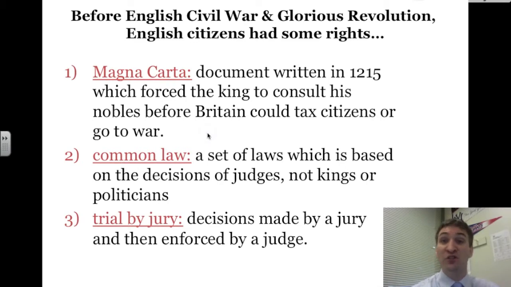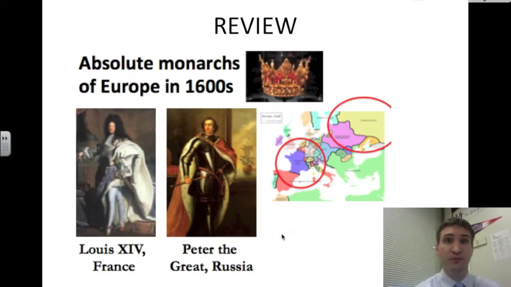There were a set of laws which were based on the decisions of judges, not on kings or politicians. Kings or politicians tend not to be as fair as judges. And the third thing that gave English citizens some rights was trial by jury. Decisions were made by a jury and then enforced by a judge.